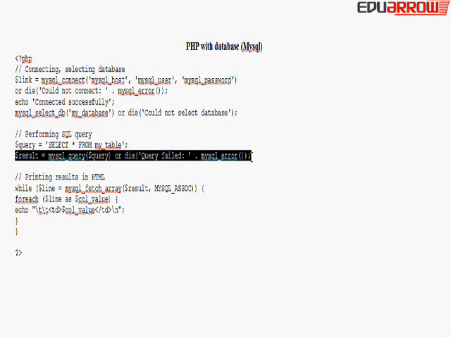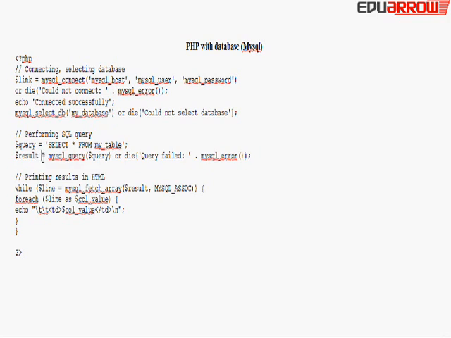Now we want to fetch each record one by one, so we start a while loop. In this, we are running mysql_fetch_array to fetch records row by row. So this loop will execute until we reach the end of the records.